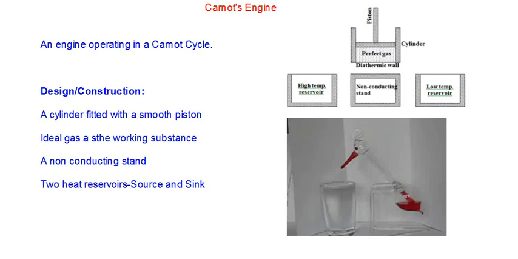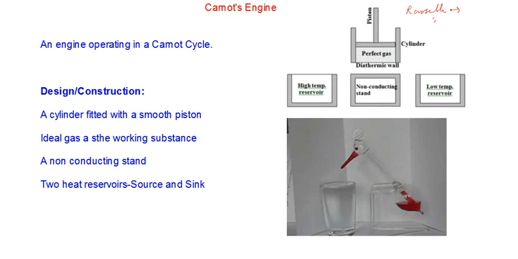We mention this frictionless because we have to ensure that the process is completely reversible. All the processes are completely reversible. Hope you remember we have stated two important conditions for a process to be completely reversible.